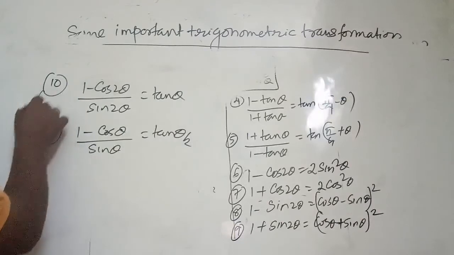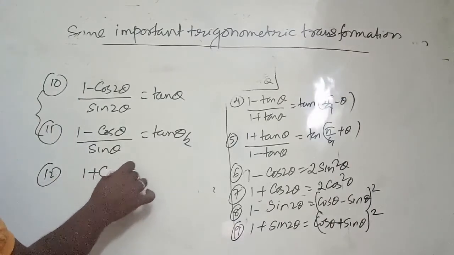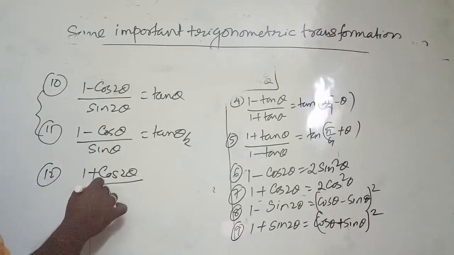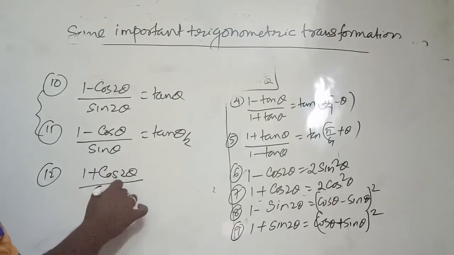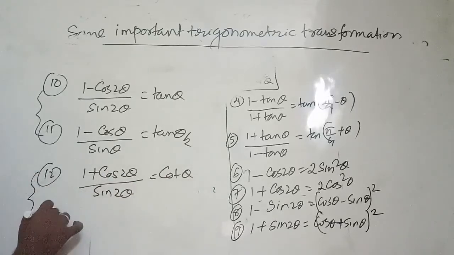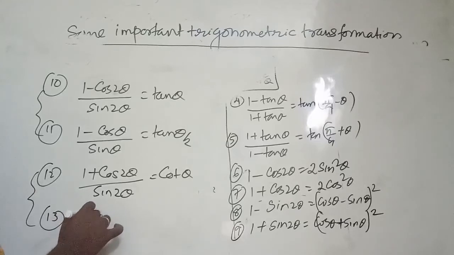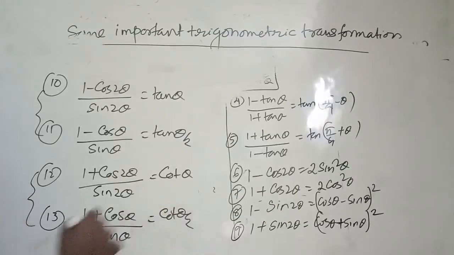And 12: 1 plus cos 2 theta divided by sin 2 theta is equal to cot theta. And 13 is 1 plus cos theta divided by sin theta is equal to cot theta by 2.